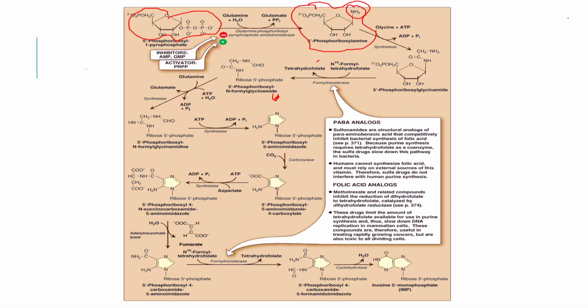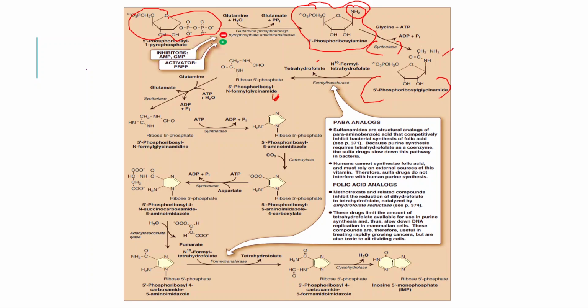Okay, so now this amine will allow an entire amino acid, glycine, to get bonded over it. Okay, so when glycine in the presence of a synthetase reacts with this 5-phosphoribosyl amine, it forms 5-phosphoribosyl glycinamide. Okay, that means the entire glycine amino acid is placed over the nitrogen atom.